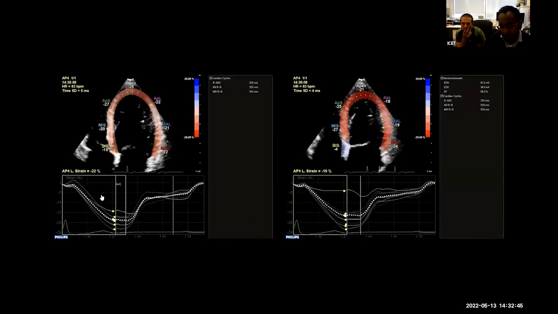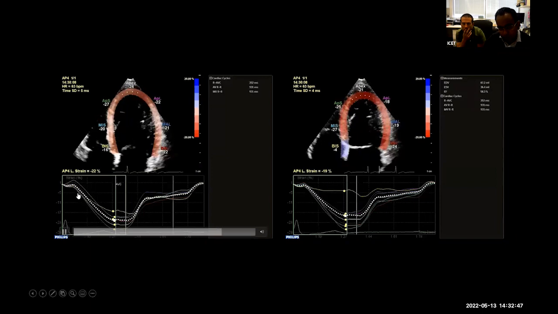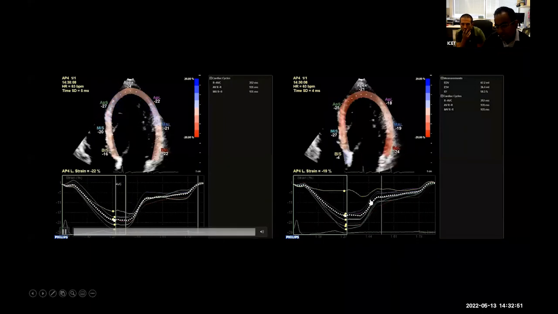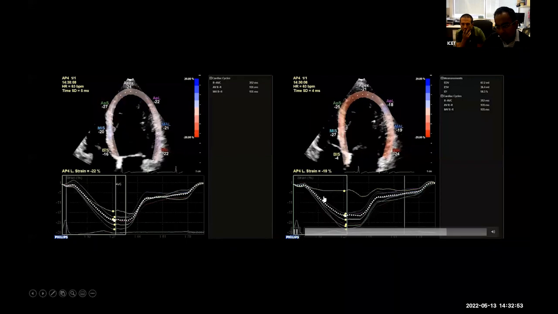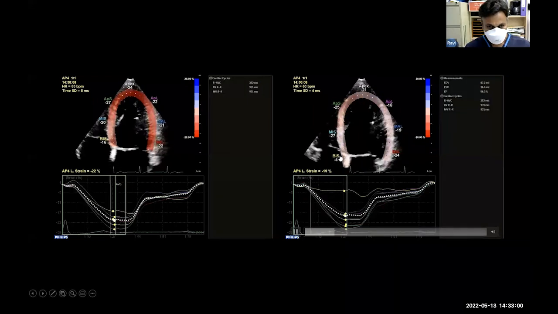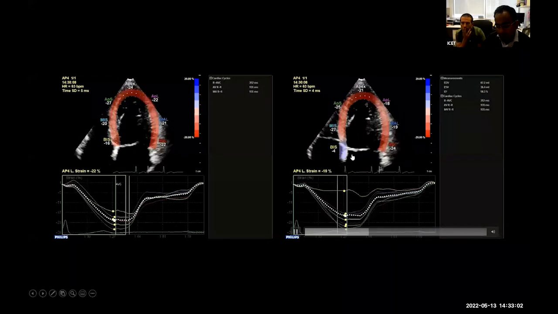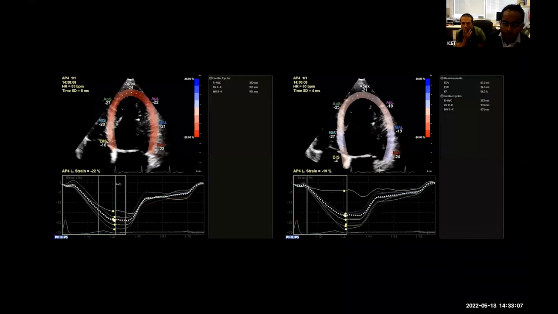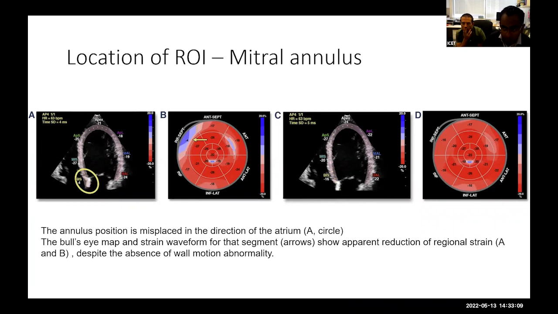And so you can see, like in panel A, the curves are all relatively aligned and matching together. Whereas in panel B, the yellow line, hopefully it shows for you guys, represents this, and you've gone way below the mitral annulus. So making sure when you choose, as Ben said, that you haven't gone right below.